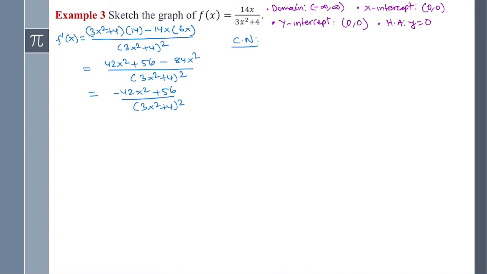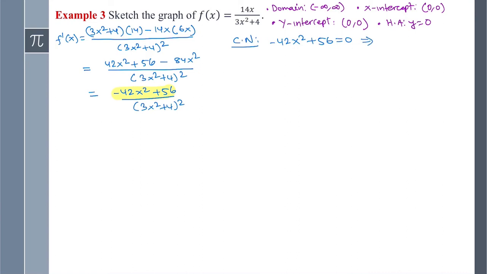Setting the derivative equal to 0 is similar to finding the domain or the x-intercept, which is setting the numerator equal to 0. So we take the numerator and set it equal to 0: negative 42x squared plus 56 equals 0.